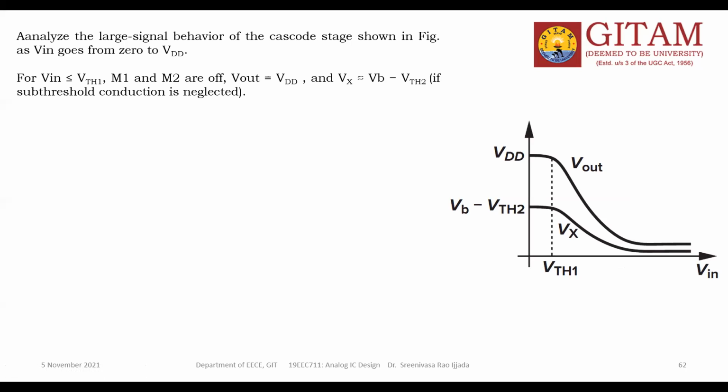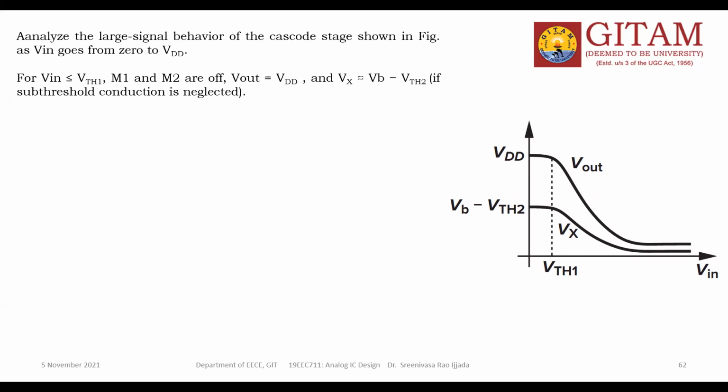What happened? Definitely none of the devices are in saturation. No current, so no drop across RD, so the full VDD will appear at the output. That's why when Vin is 0, your output is VDD. Please remember the circuit, I don't want to go back.